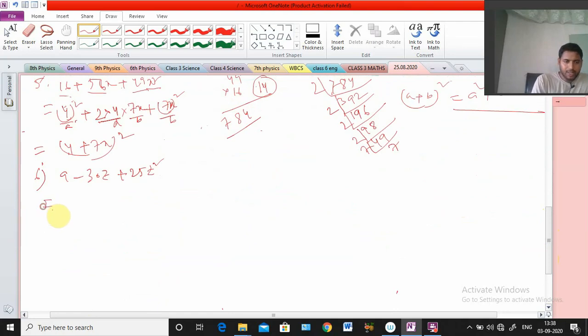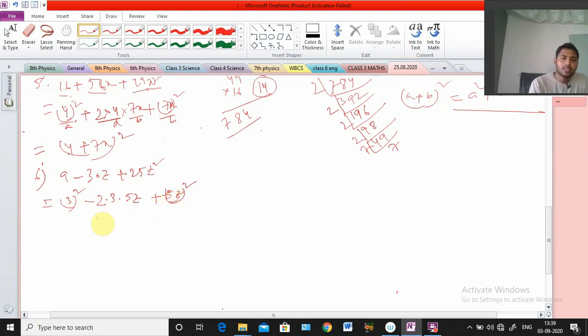Here this one we can do like that. 9 means 3 square, as in the previous process. Okay, minus, keep it like that. 2ab we will write later, otherwise you can also write 2a, a means 3, b means what, 2 threes are 6. 6 is coming, but here it is 30, so 6 is already got, so 5 will come, 5z will come now. Plus, this one 25z square means 5z whole square.